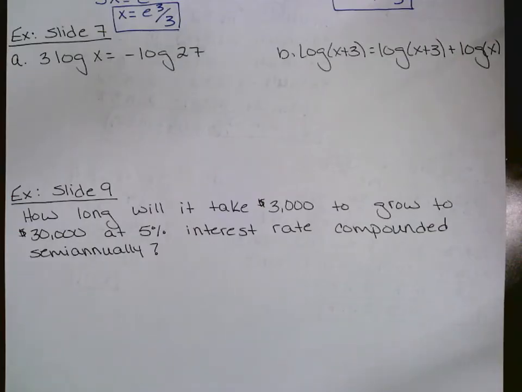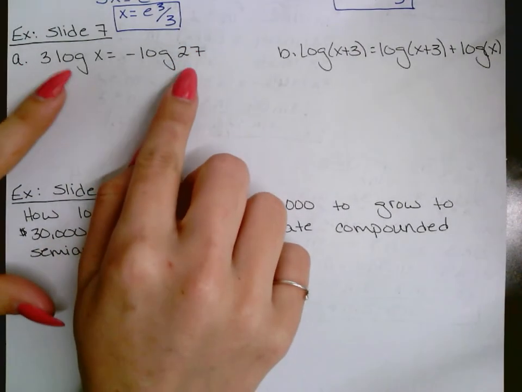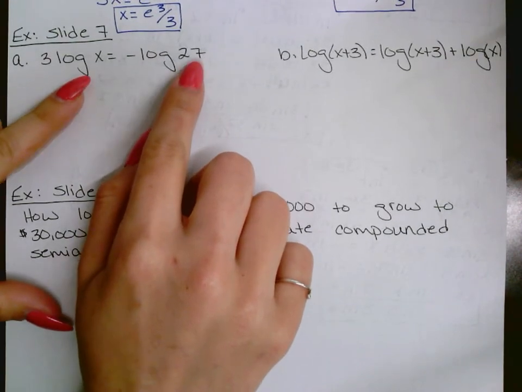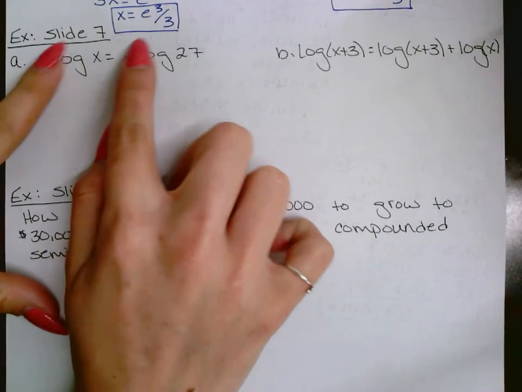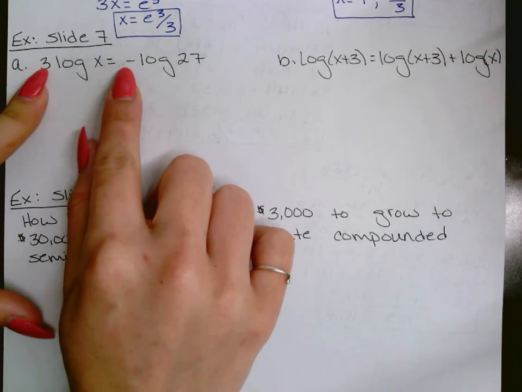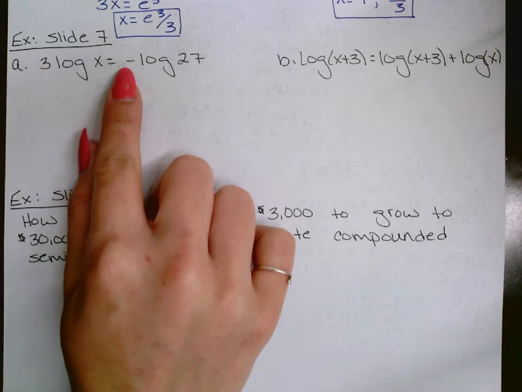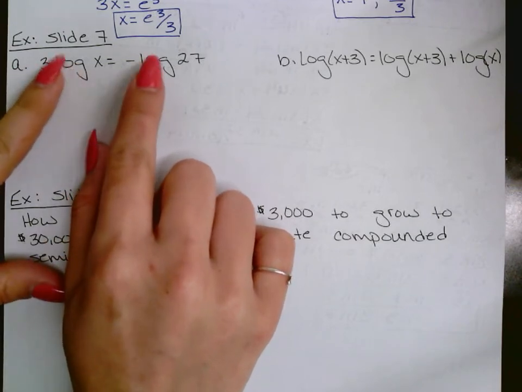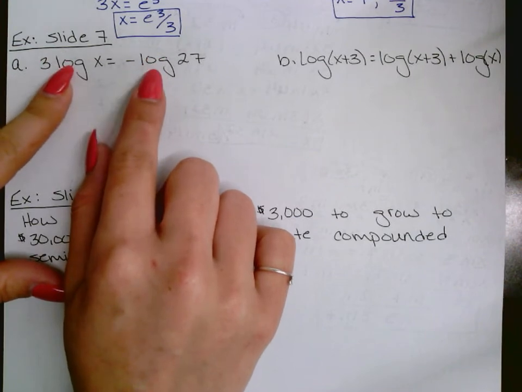So again, I keep talking about those three rules that we talked about in 3.3. So earlier, we were putting logs so we can move things out of the exponent into the coefficient. That is beneficial when my x is stuck in the exponent. Okay? That's when I want to take things out of the exponent. But in this case, I want to try and get rid of these two logs because I have one on each side.